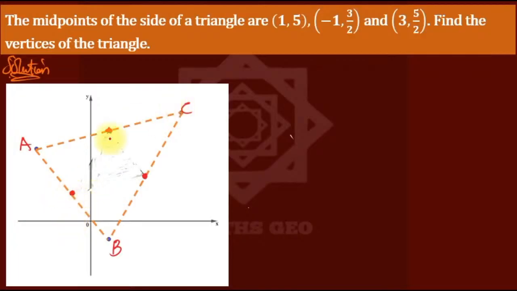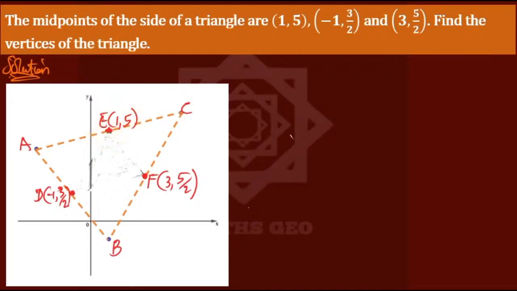So let's label it D. D is (-1, 3/2). This one is (1, 5), so this one should be E. And F should be (3, 5/2). Yes, so we've located the midpoints.